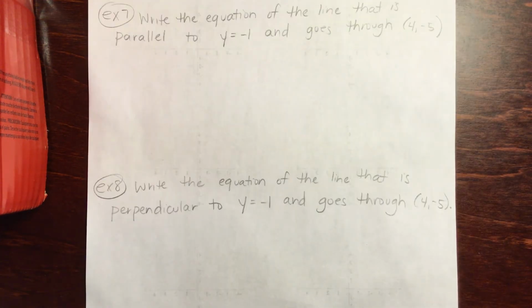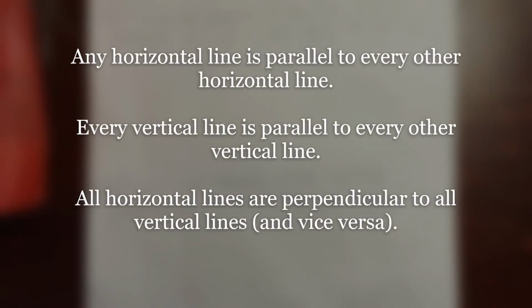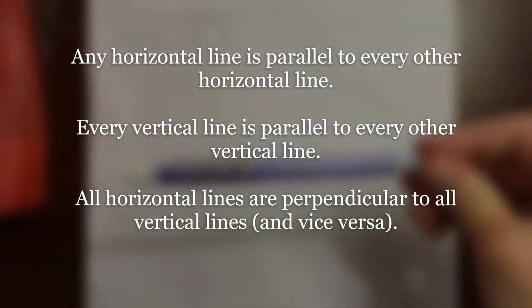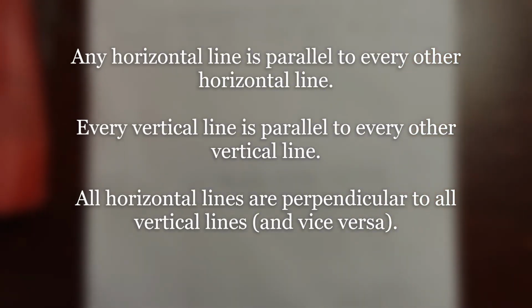For these final 2 examples, you may want to refresh yourself on parallel and perpendicular lines. The video, I hope, is linked in the top right corner right now. Note that any horizontal line is parallel to every other horizontal line. They're all completely flat, neither one of them cross each other.